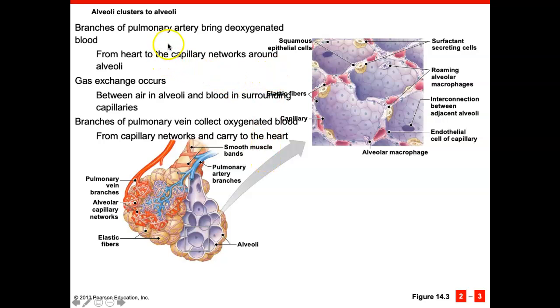This just said the pulmonary artery brings deoxygenated blood. Gas exchange occurs between the air and the alveoli. So there's air inside the alveoli, and the exchange is between the air in here and the gases inside the capillaries.